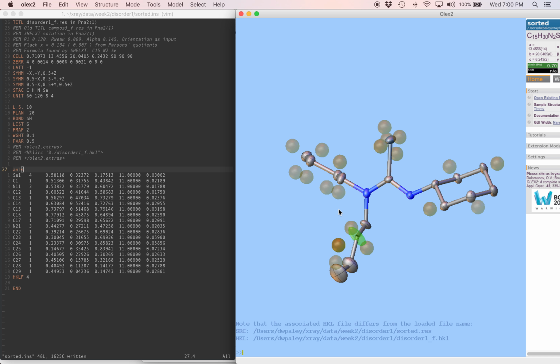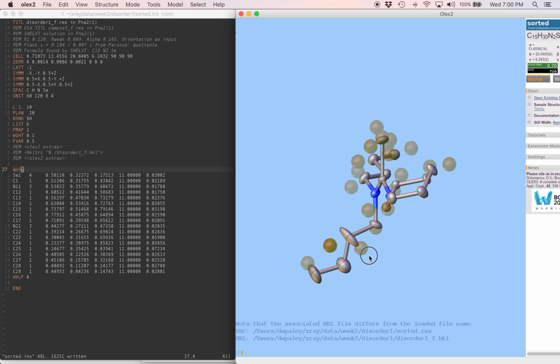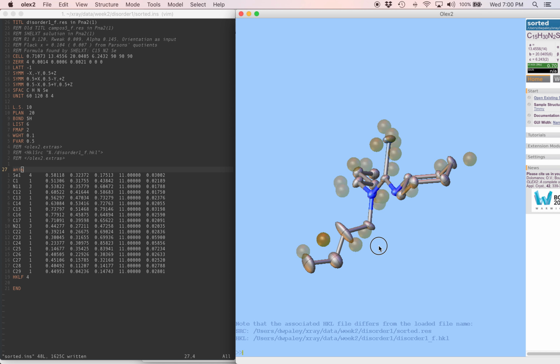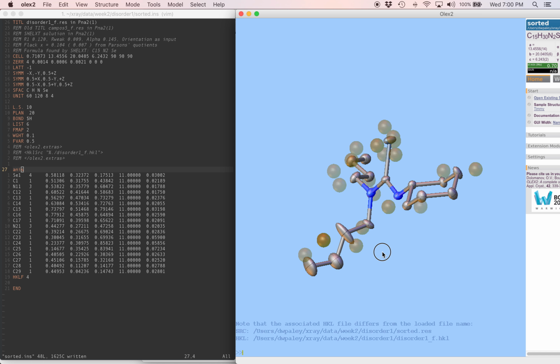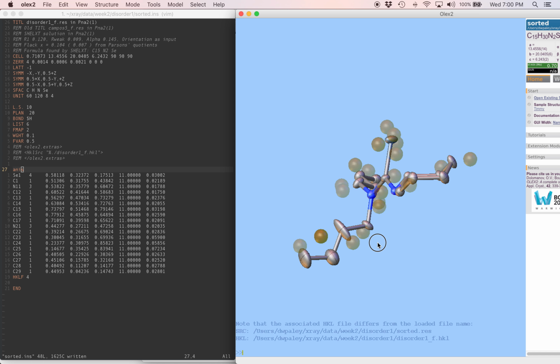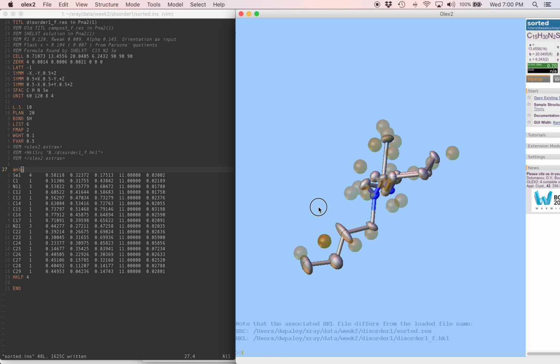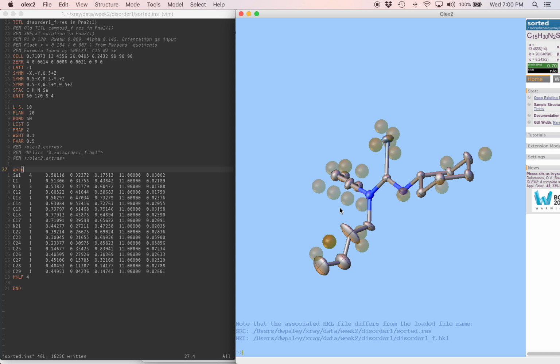Besides that, this carbon, maybe I would call it kind of surfboard shaped, but in any case, definitely pretty unusual for an alkyl chain. Really, for any atom, they don't normally vibrate like that. They don't vibrate so far back and forth. So the most likely thing is we're looking at a disordered chain.